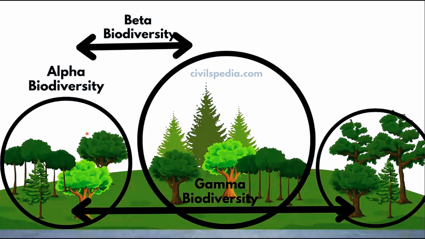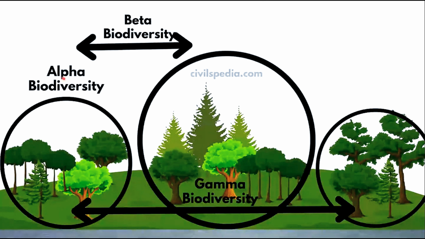Right. Now, these three terms you must have heard many times: alpha diversity, beta diversity, and gamma diversity. Now, how do you define this? Alpha diversity means when we look at a particular habitat or particular ecosystem, say forest ecosystem here, and then we look at the species that are present within this particular habitat, we call this alpha biodiversity.